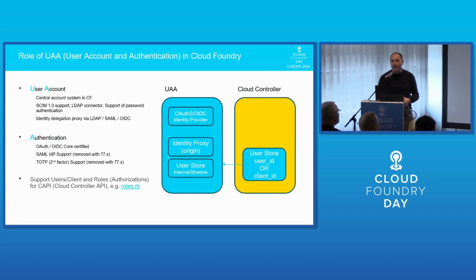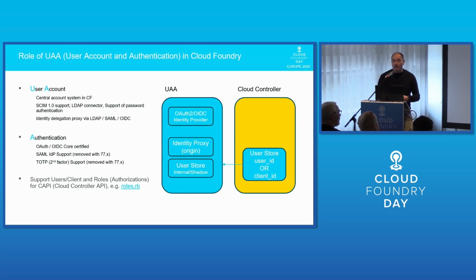So let's start with the UAA in CF. You may have seen these slides already if you visited the CF summit. The core of the UAA has not changed, so in the classic Cloud Foundry, the UAA plays a central role. It mainly stores identities, the user identities mainly, but also system identities.